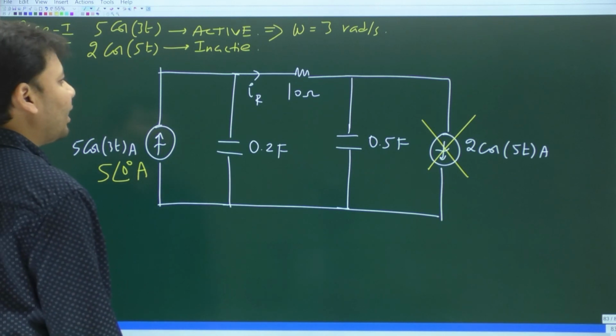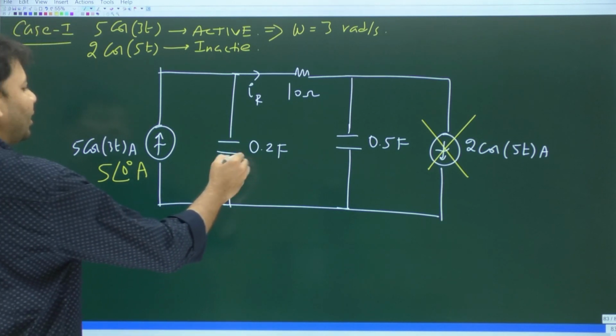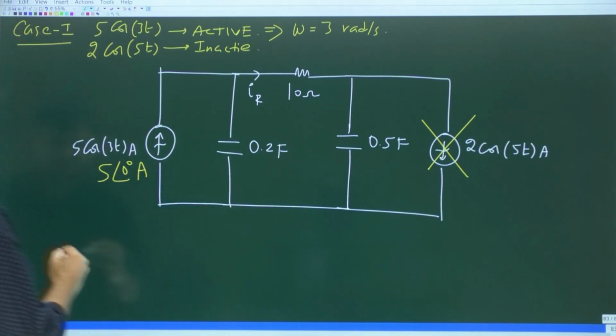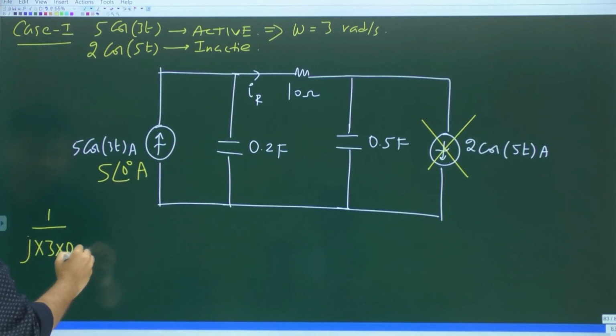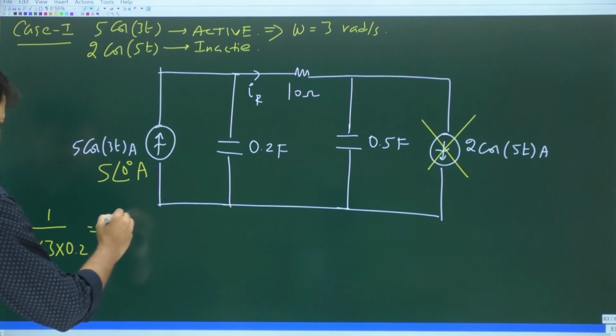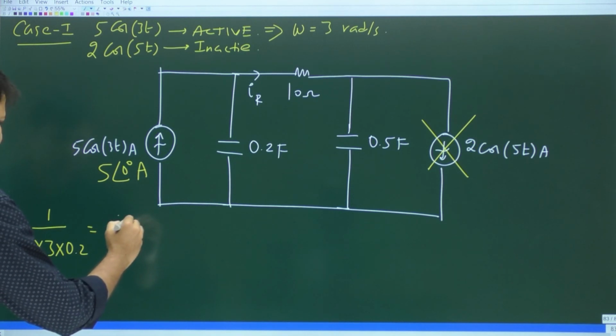At the 3 radians per second operating frequency, what is the impedance of this capacitor going to be? 1 by j omega c. Omega is 3. C is 0.2 farad. So 3 times 0.2 is 0.6. 0.6 is 3 by 5. 1 by j is minus j.